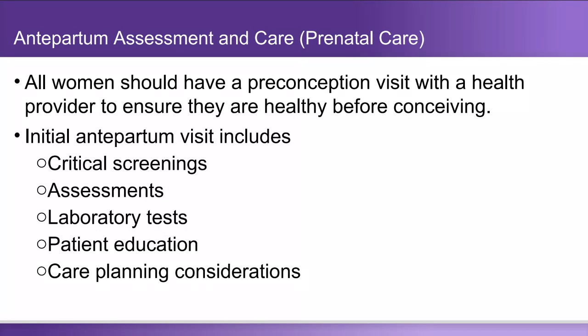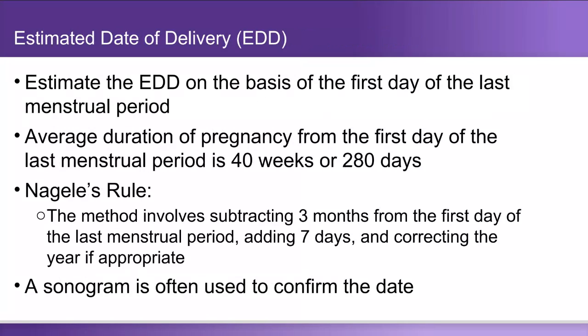Now, one of the first things that we have to do when a woman presents with pregnancy is to determine her due date. Another term for that is the estimated date of delivery, or the estimated date of confinement. With the due date, we can estimate it based on the first day of her last menstrual period.